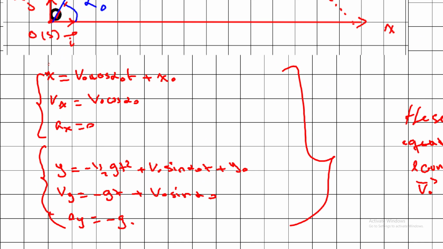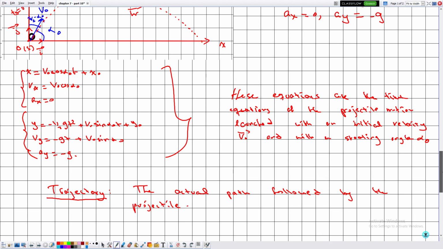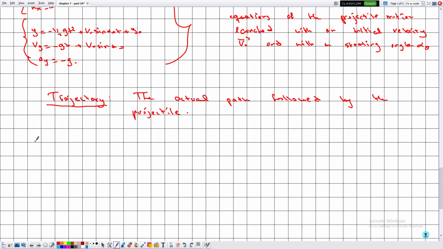So now here we have that x is equal to v0 cosine alpha t plus x0. And we have that y is equal to minus half gt square plus v0 sine alpha 0 t plus y0. Now, in order to determine that trajectory, we need a relation in terms of x and y. So now we need to extract t from one variable and replace it in the other. So now we refer to the linear variable which is given by x.